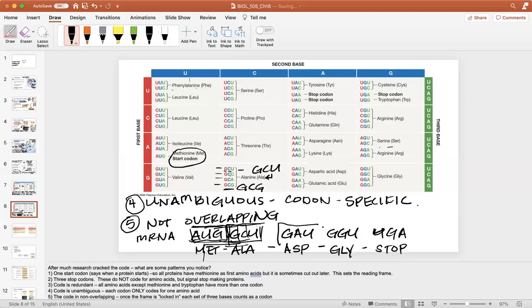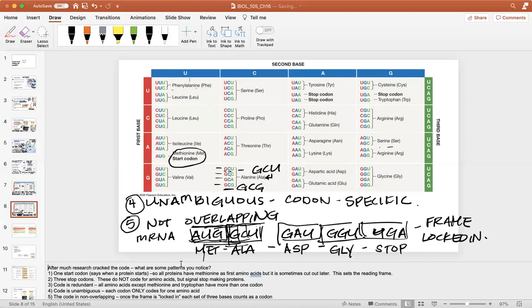We take the next chunk of 3. There is no overlap here, okay? So essentially, we say that we have frames that are called reading frames, and these frames are locked in. Okay, and what I wrote down here, maybe this is a little bit easier for you to understand. Once the frame is locked in, each set of 3 bases counts as a codon.